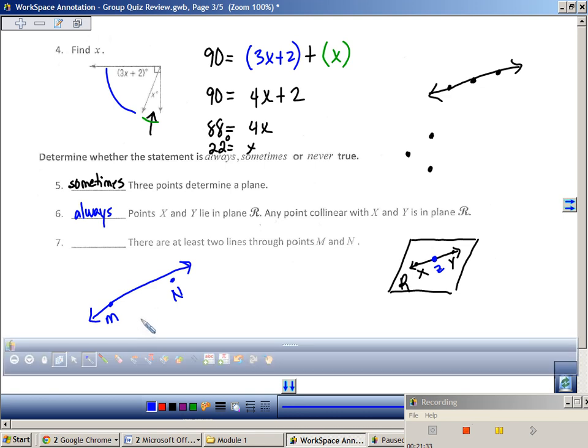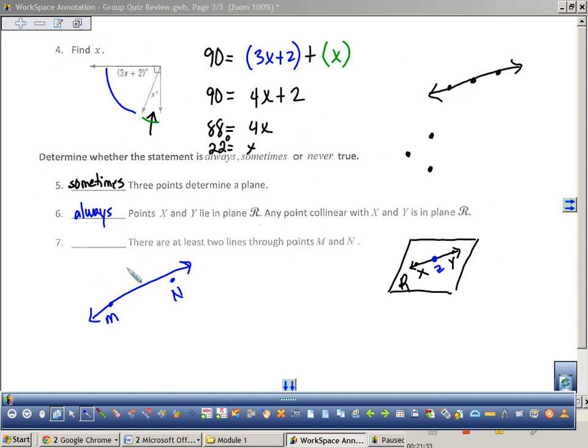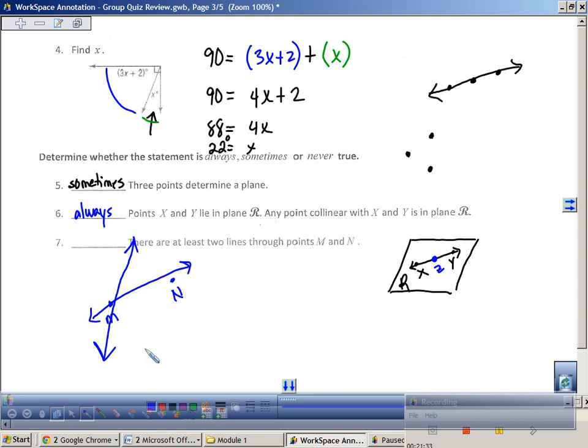Is there at least 2? No, there can't be, right? Because if there were 2, they'd be the same line. You could have another line coming through one of the points because they intersected at exactly 1 point, but you can't have 2 through both because they'd be the same line. That's why the definition says there is exactly 1 line through 2 points.